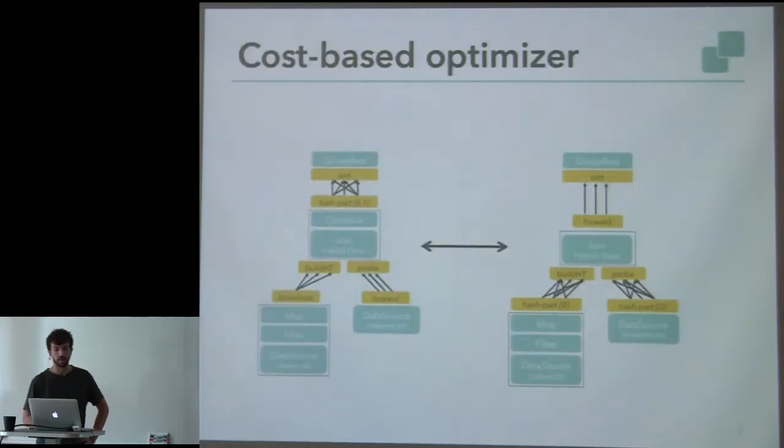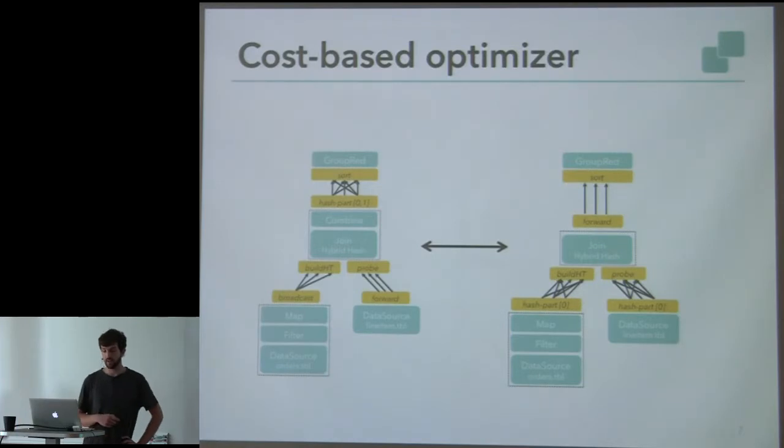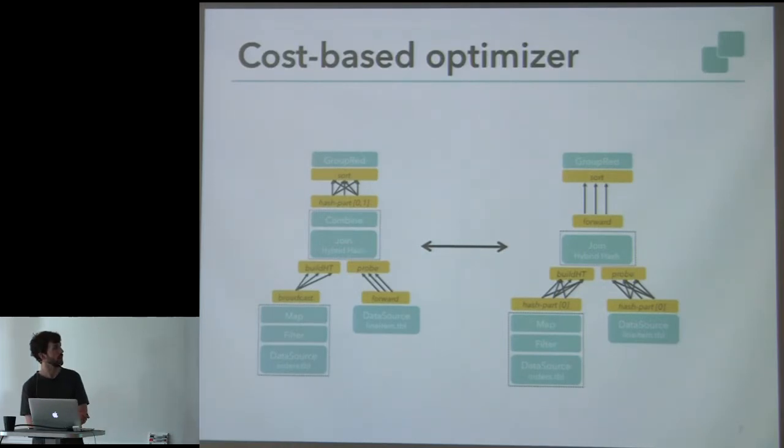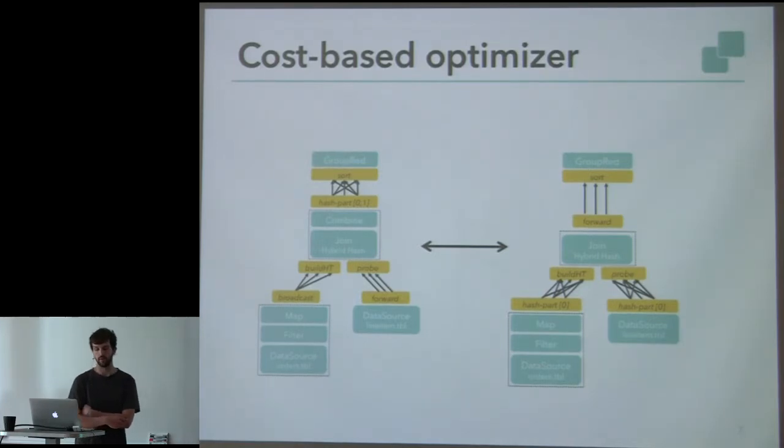Then another interesting aspect already mentioned is the optimizer. It works especially well for batch programs. The basic idea, like Volker already mentioned, is that we figure out, based on the program and on sampling some of the data that the program uses, what would be the best way to execute a data flow.